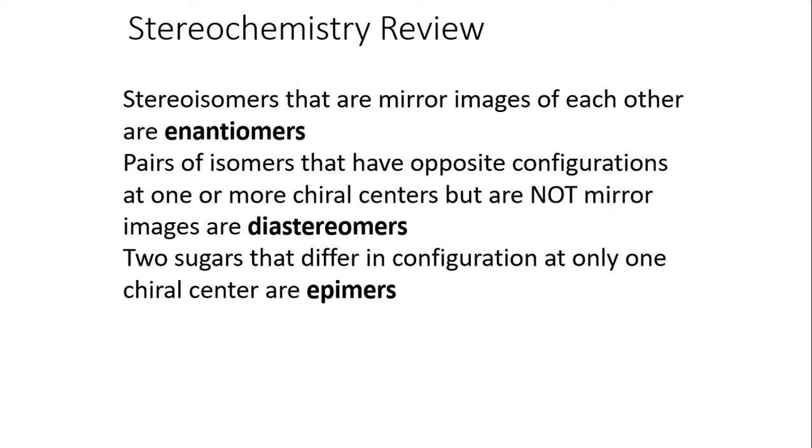Mirror images are non-superimposable, and we'll discuss what that means when we draw these things together or take a look at some of the structures. Pairs of isomers that have opposite configurations at one or more of those chiral centers but are not mirror images are diastereomers. And finally, epimers are 2 sugars that have different configurations at only one of the chiral centers.